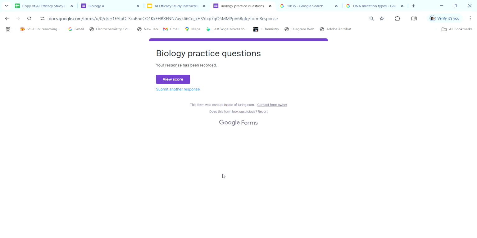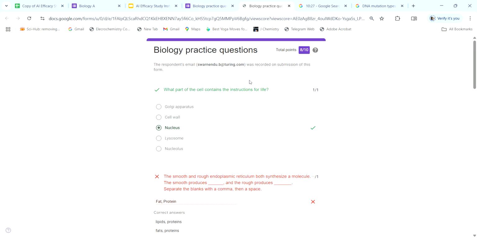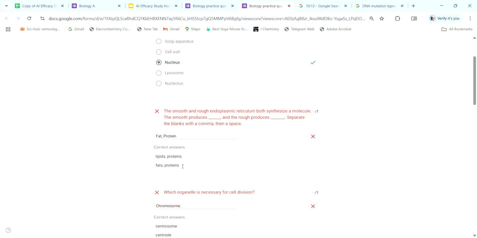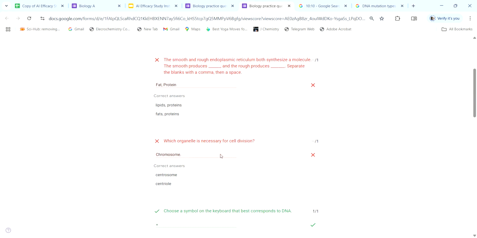So I will see the score of this practice question. This is 8 out of 10. This is nucleus, fats, proteins, lipid proteins. Correct answer, so this is correct. Which organelle is necessary for cell division?